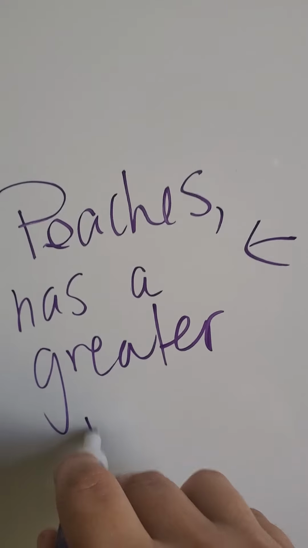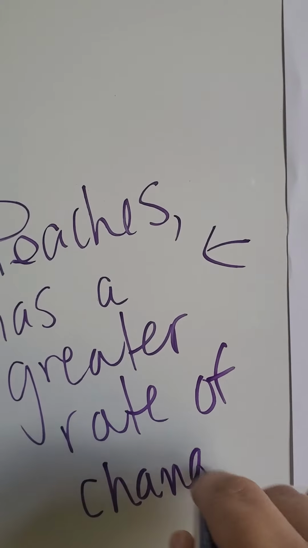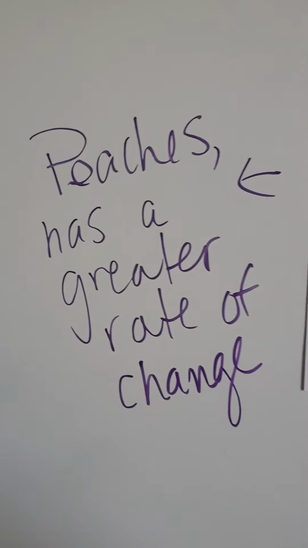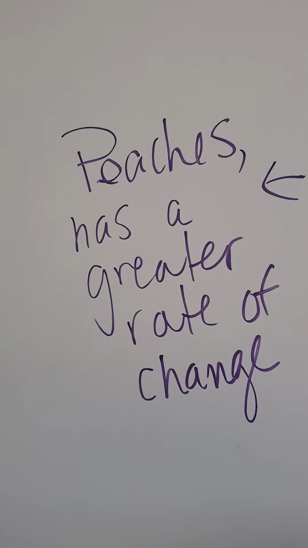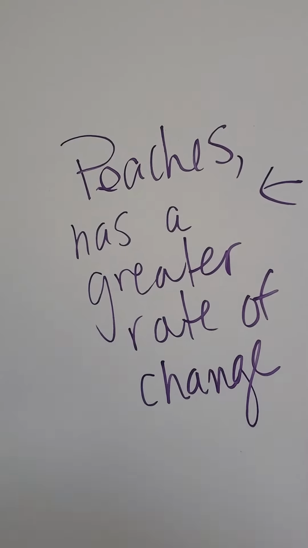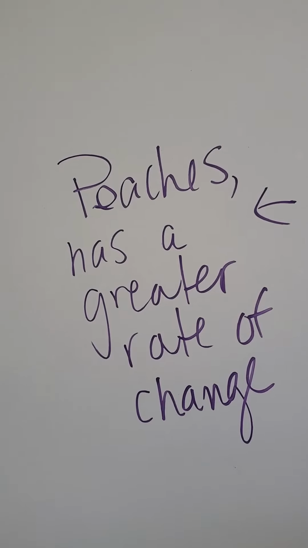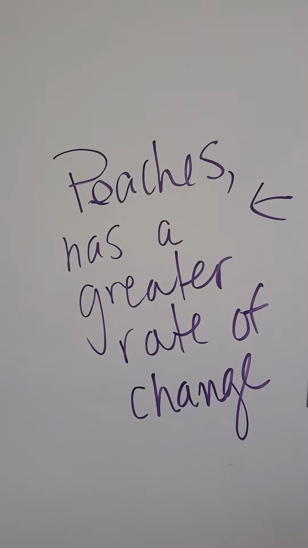It has a greater rate of change. Okay, we're going to use that rate of change because that's something that we use in lieu of slope a lot when we're talking about real world examples. So peaches, because it has a greater rate of change.